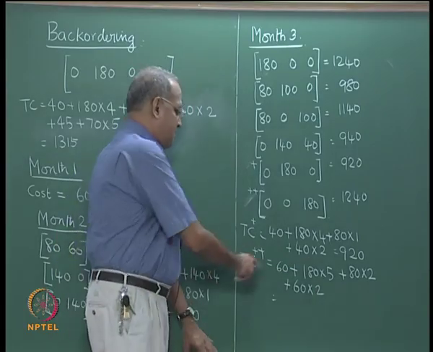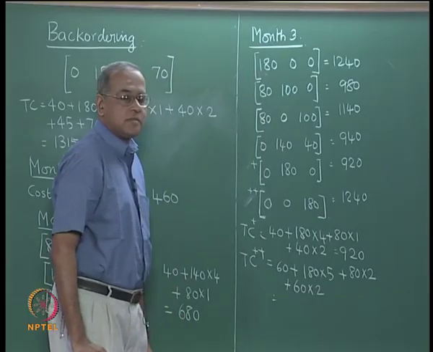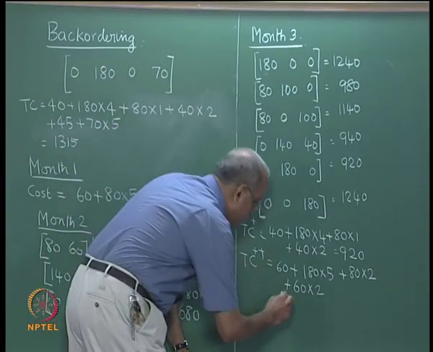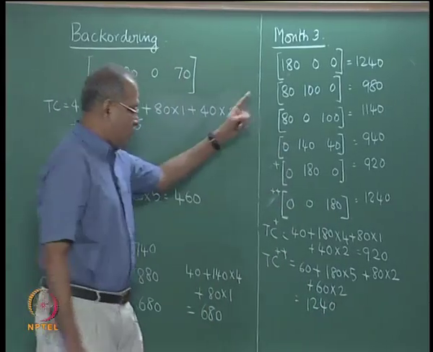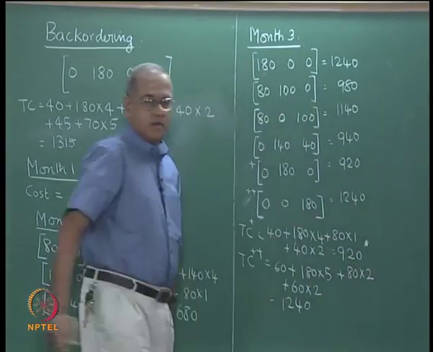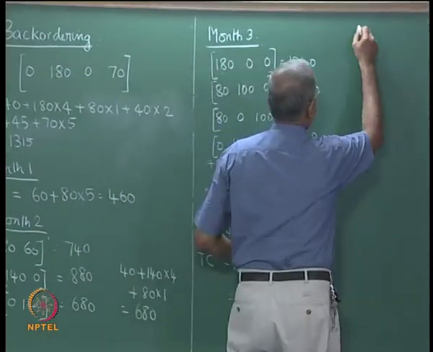So, this gives us 60 plus 900, 960, 960 plus 160 is 1120, 1120 plus 120 is 1240. Now, out of these we realize that this is the one with minimum cost. Then we move to month 4.